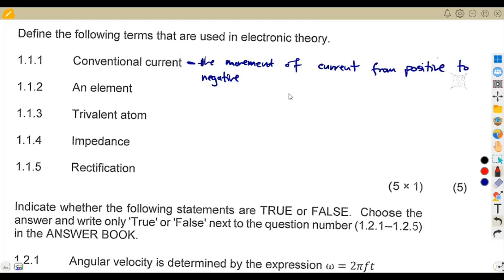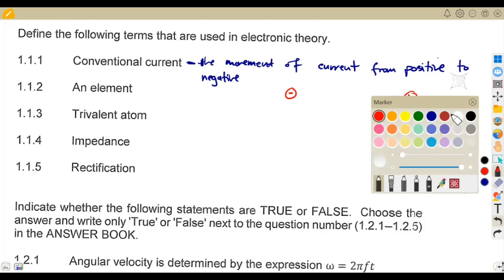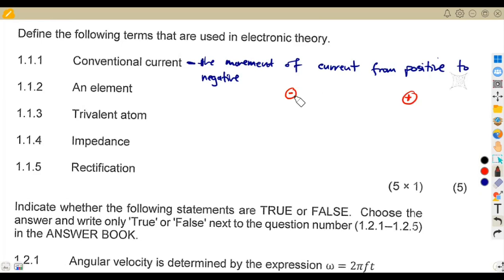In this case, like if you've got a negative here and you've got a positive this side, we are going to have this in this case. So this is a negative charge, a positive charge. So the electron flow is taken from negative to positive like this, while the conventional flow is one that is taken from positive to negative.